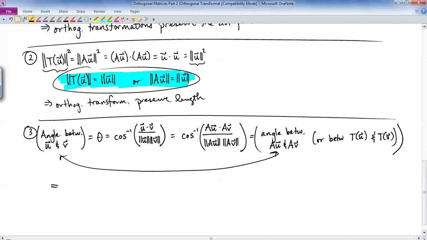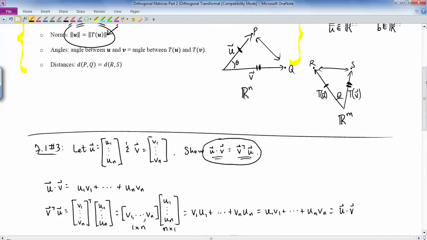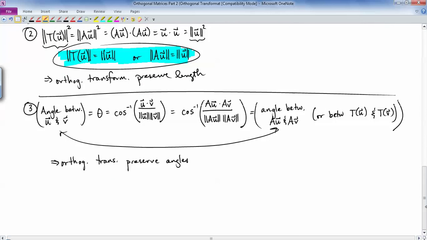So we can say, therefore, orthogonal transformations preserve angles. And that's the idea up here, where this angle right here between U and V has to be the same as this angle between TU and TV. Okay, we got one more to go.